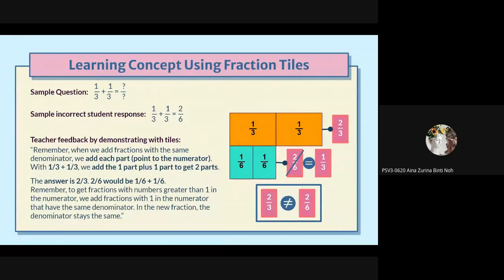By representing 1/3 plus 1/3 with 1/6 and 1/6 below the 1/3, students can see that 2/6 is actually half of 1/3 and 1/3. So to get the fraction, the denominator stays the same when adding.